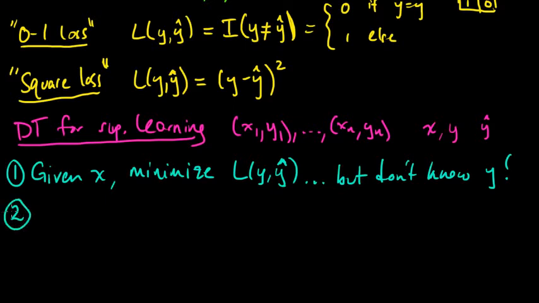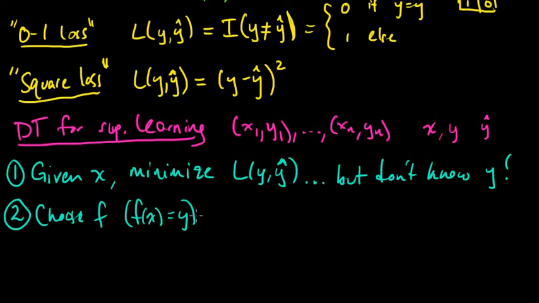So it's a little bit ill-posed. And let's think about another, more general case where we don't know what x we're going to be asked for. We're just given this data, and we have to choose some function f. So f is going to be like our classification function or regression function.